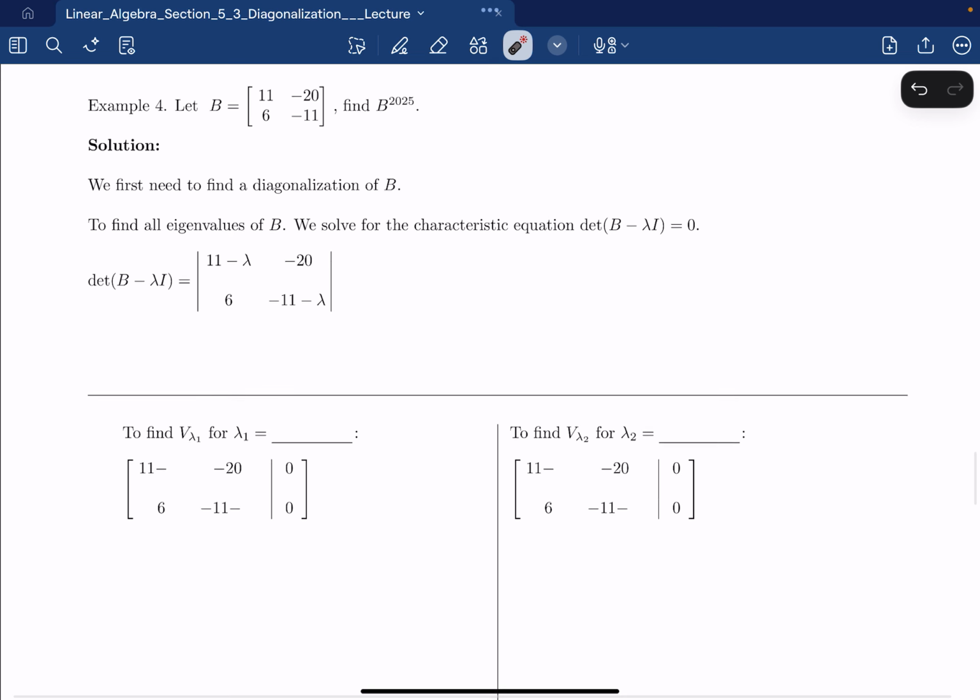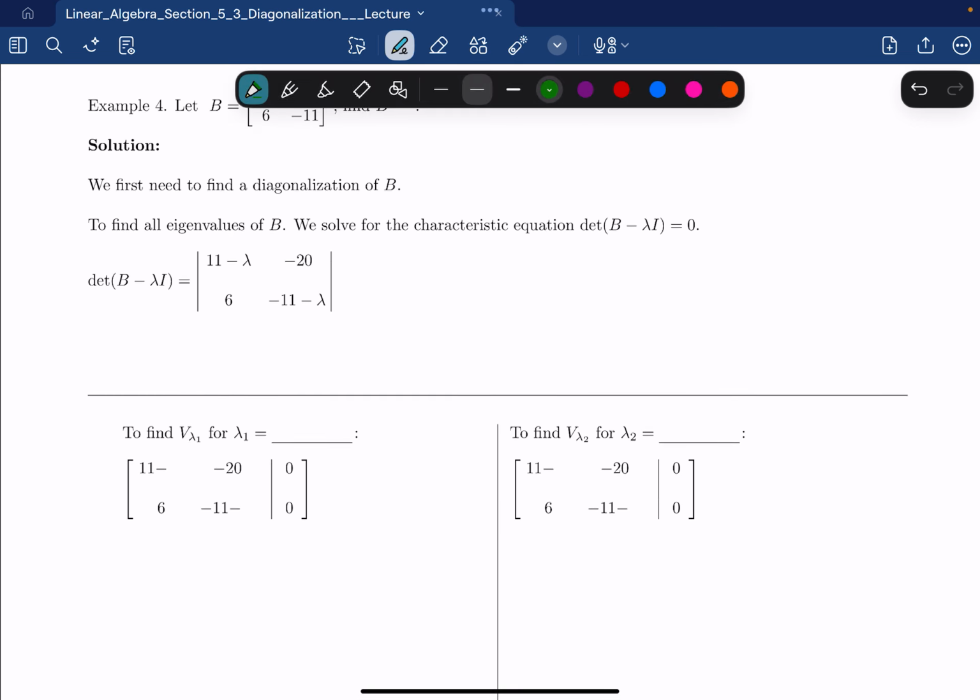So when you want to find the diagonalization of B, here we actually want to be a little bit careful, as much as we know that 2 by 2 matrices are simple to calculate. We want to be careful of some boring algebra mistakes. We do not want to make too many algebra mistakes here. Here we go.